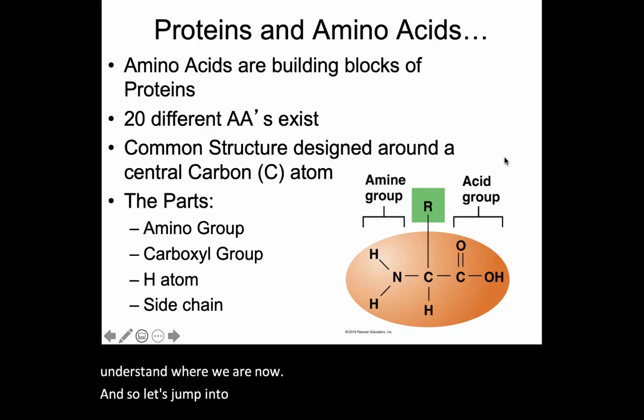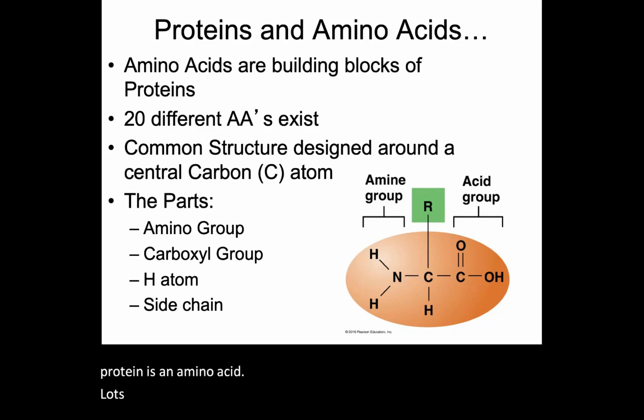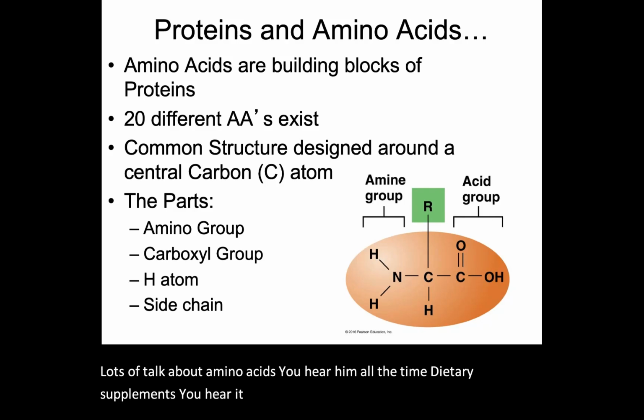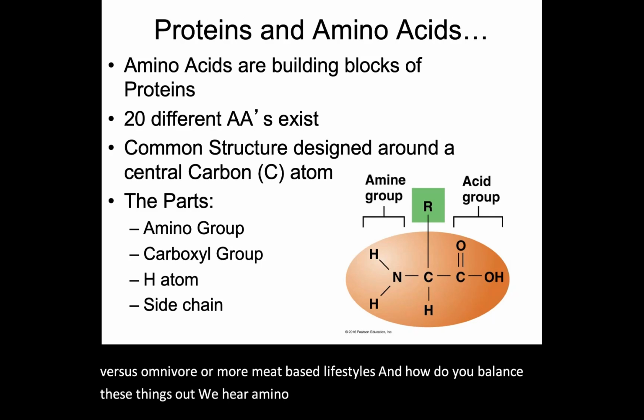As I've already mentioned, the monomer of a protein is an amino acid. Lots of talk about amino acids. You hear them all the time. Dietary supplements, concerns with vegan and vegetarian versus omnivore or more meat-based lifestyles, and how you balance these things out. We hear about amino acids from the perspective of health.